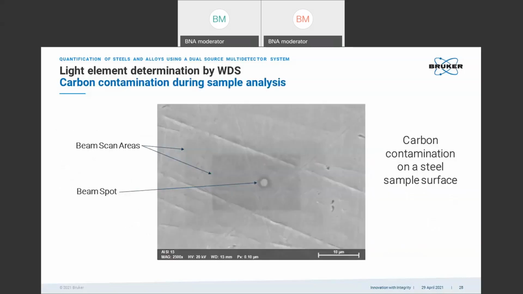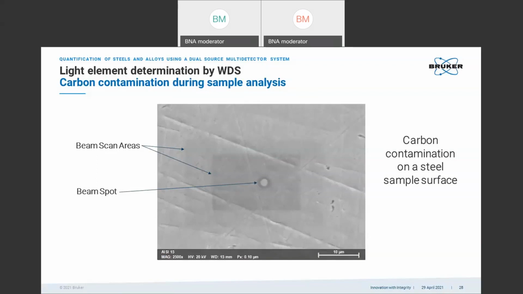Contamination during analysis, this is what you probably all know, unless you are very, very careful from the very beginning. Never insert carbon-containing material, and make sure not to get hydrocarbons into your chamber that can be cracked under the electron beam.